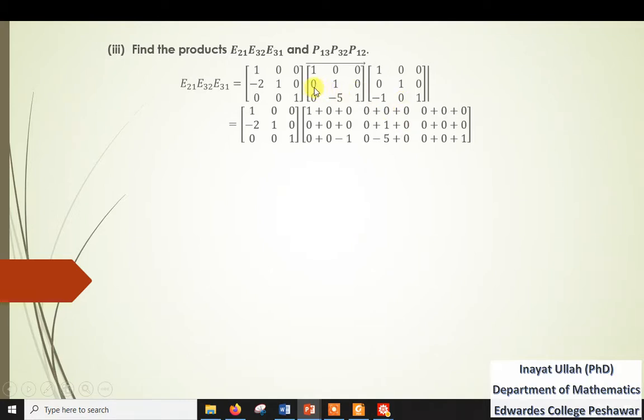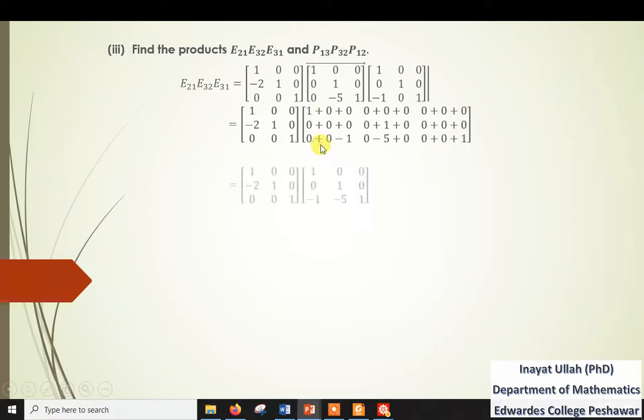And lastly, multiplying the second row with the third column: 0 into 0 is 0, 1 into 0 is 0, and 0 into 1 is 0. Now multiplying this third row with the first column to obtain this answer, and the third row with the second column to obtain this portion, and the third row with the third column to obtain this portion.